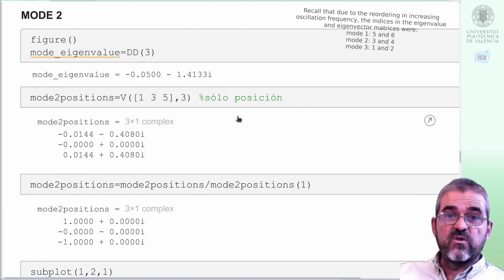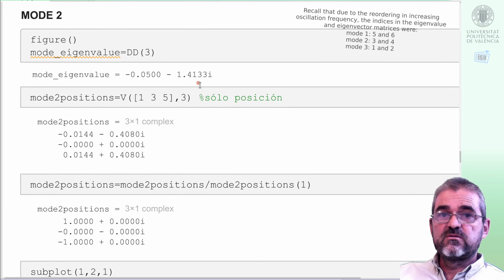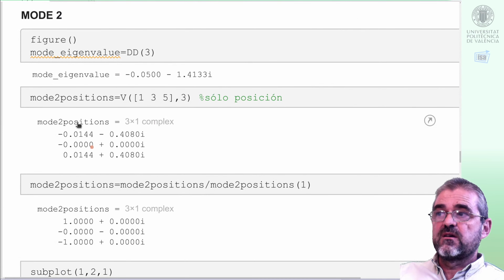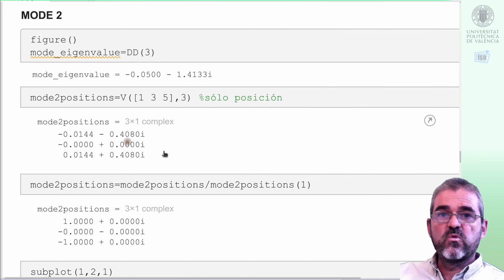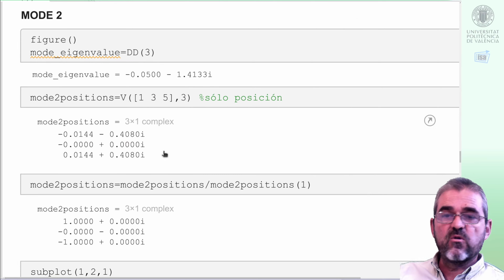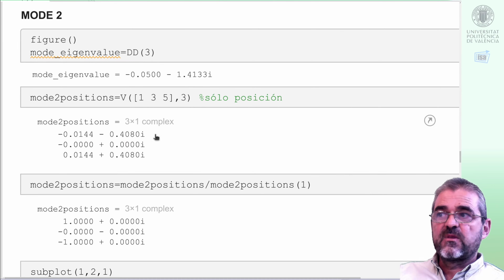If we do the same with the second mode, with a slightly larger frequency, the eigenvector entries related to position are complex. How can we interpret that? Well, complex means, somewhat informally, that the picture was taken in the middle of an oscillation.